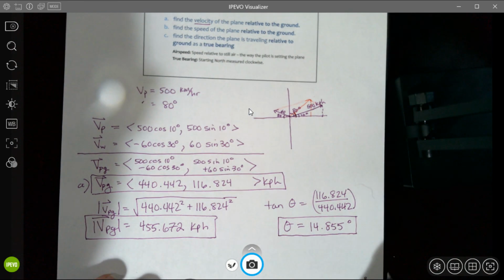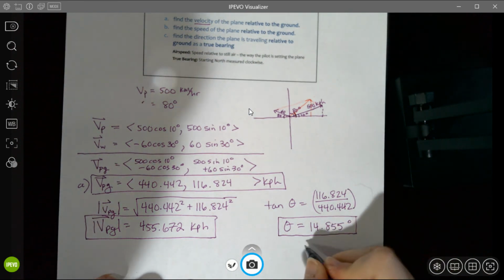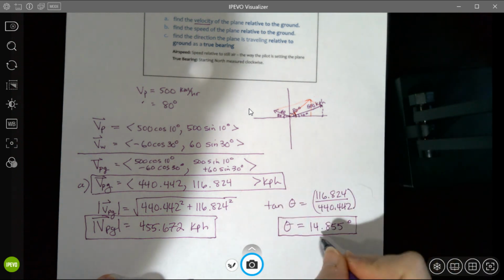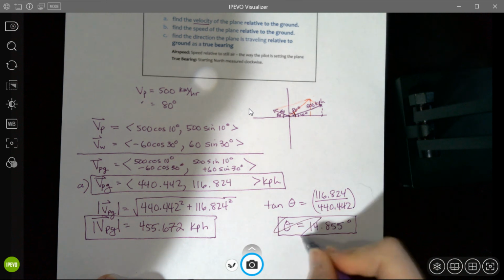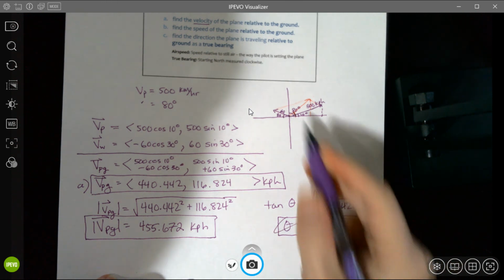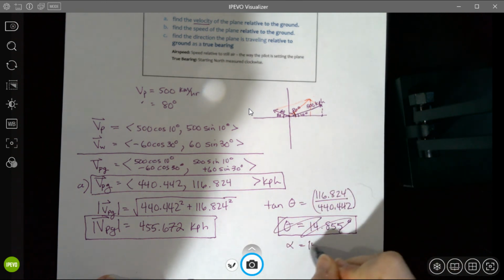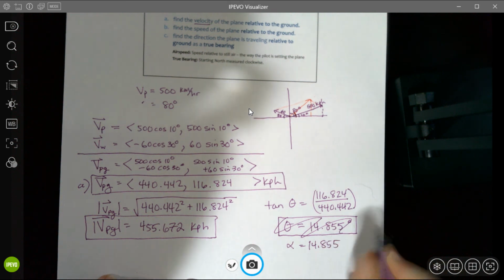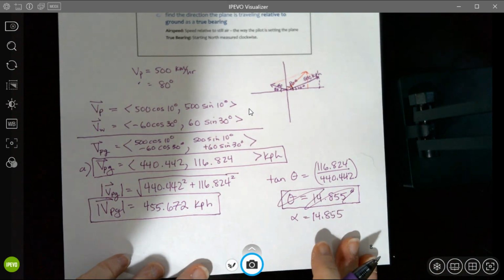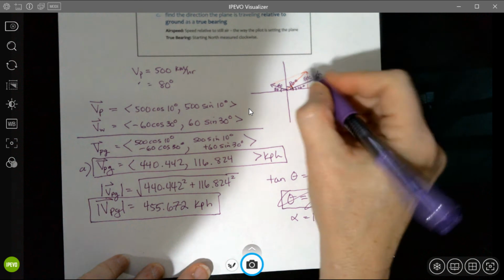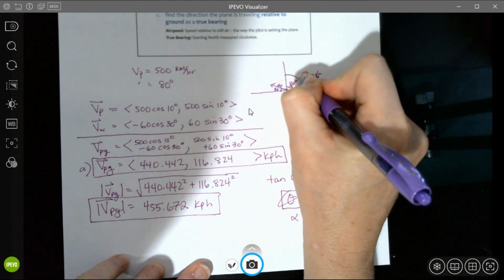And that is from, we're going to say, this is an airspeed, so it says as a true bearing. Okay, so this is not actually what they want. This is our alpha, 14.855. But we need to actually have it as a true bearing, which means we need to go from north down to that vector.